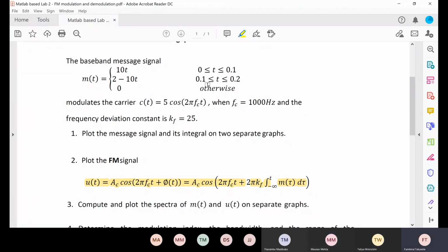And then after that, you move on to the second segment, which starts at t equal to 0.1.